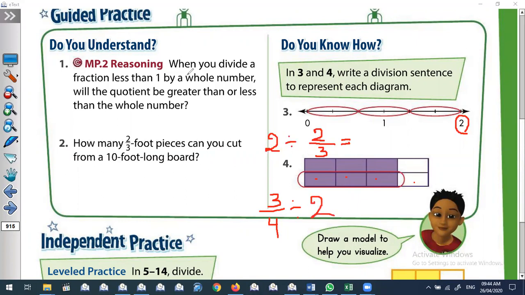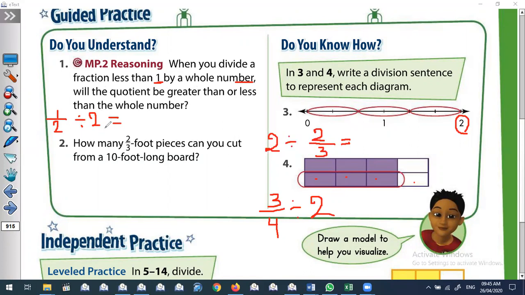Number 1, when you divide a fraction less than 1 by a whole number, will the quotient be greater or less than the whole number? What is the meaning of that? When you divide a fraction less than 1, like 1 over 2, by a whole number, let's say the whole number is 2, for example, how can we find it? Half divided by 2.